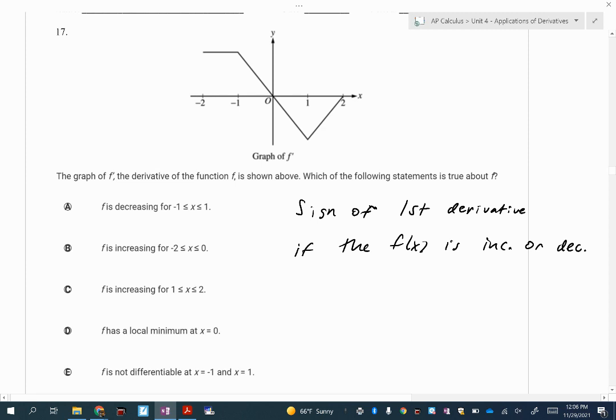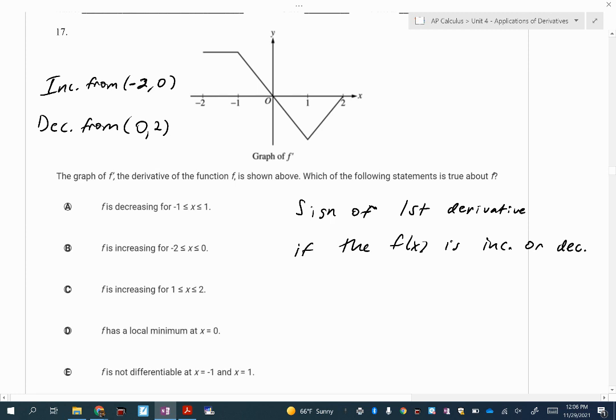If it is negative, then the original function is decreasing. So when I look here, I am increasing from -2 to 0, okay? And I'm decreasing from 0 to 2, okay?